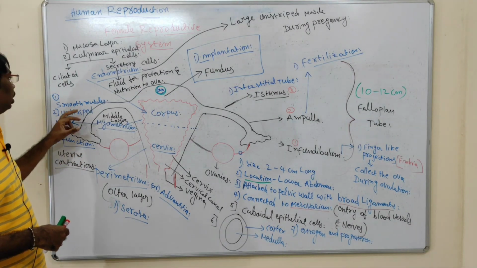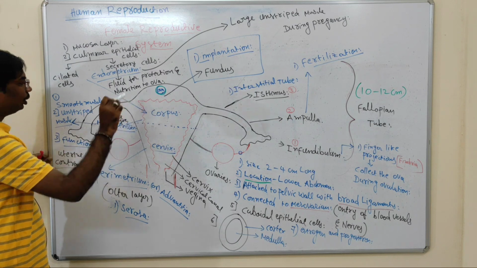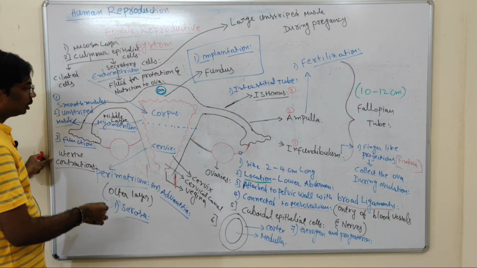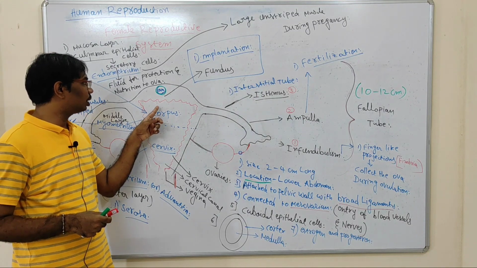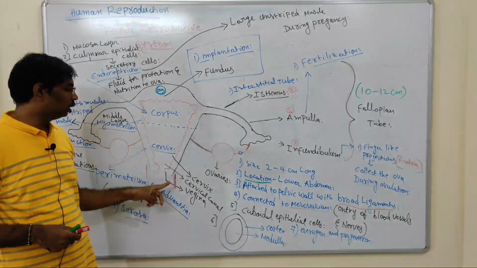So this is the structure of the uterus. The parts of the uterus are the fundus region, the corpus region, then the cervix.